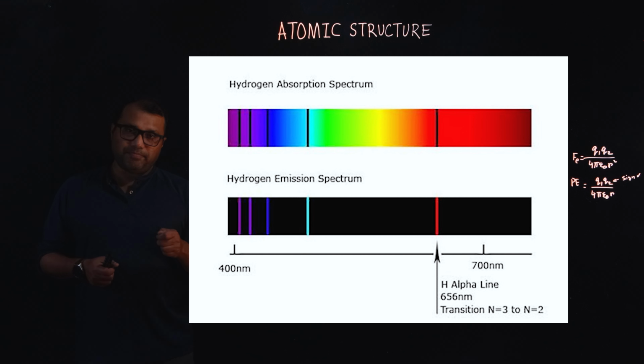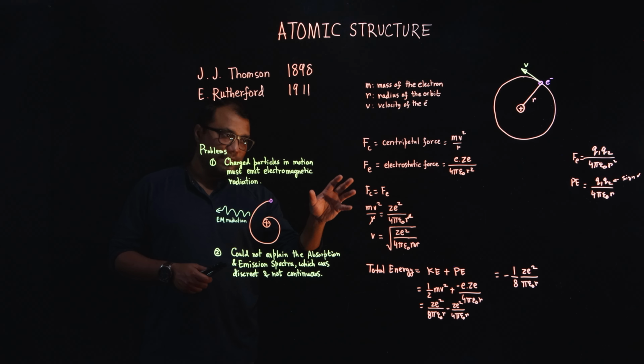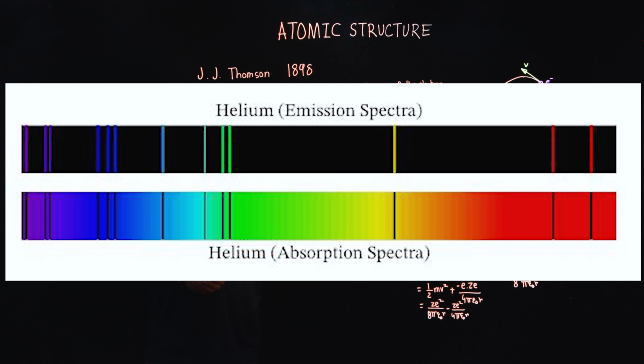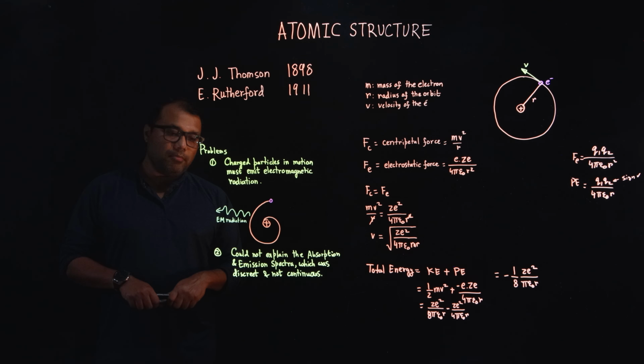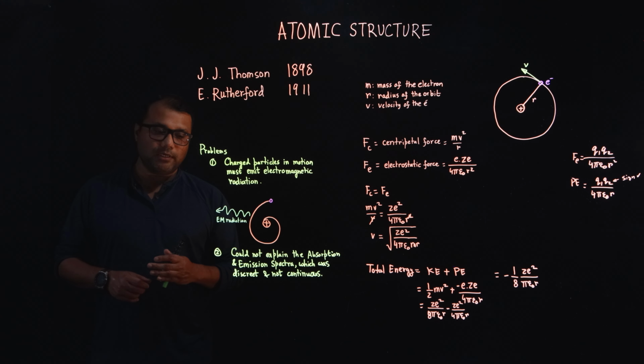Similarly, when light is passed through hydrogen, some of the same wavelengths which were emitted by excited hydrogen are missing in the absorption spectrum. So just to highlight that, I will put some examples on the screen to show you exactly what is meant by emission and absorption spectra. I will put together a different tutorial to understand emission and absorption spectra in much more detail. Okay?